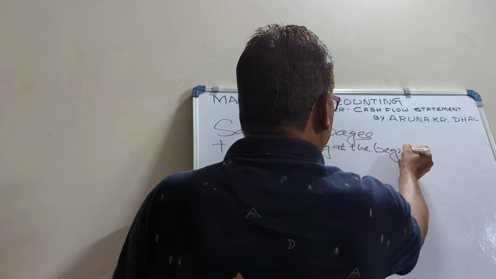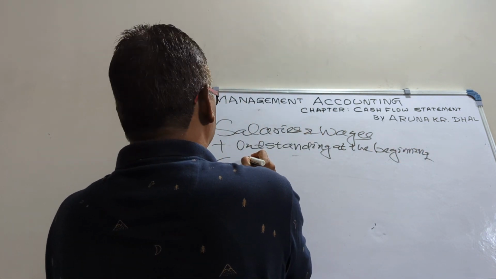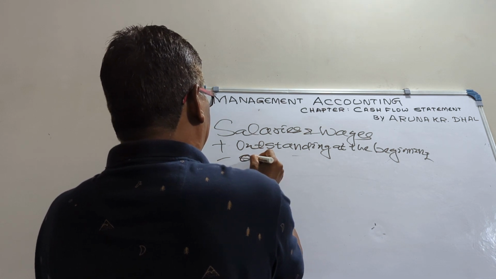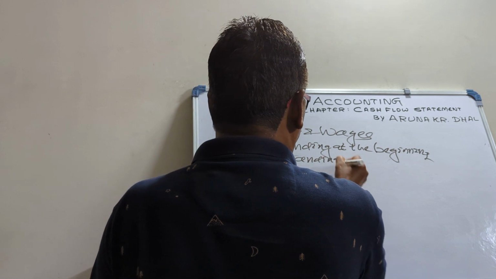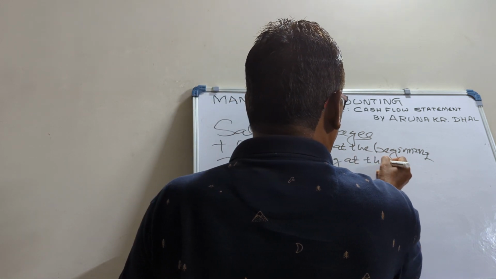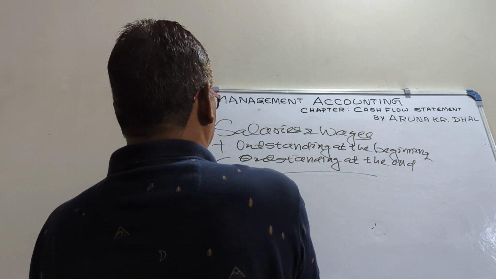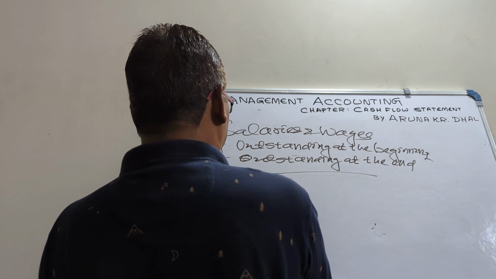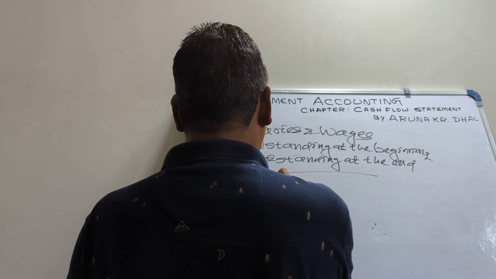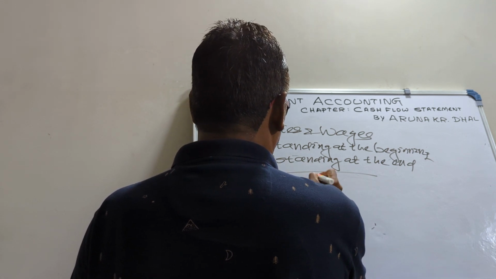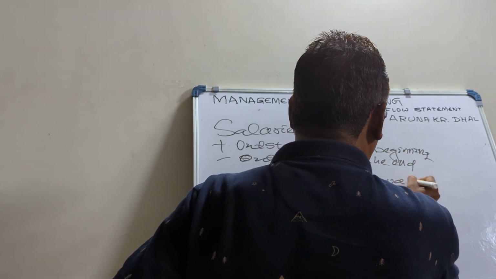Then we will deduct salary outstanding at the end. That will give us outflow of cash due to salary and other payments to employees.